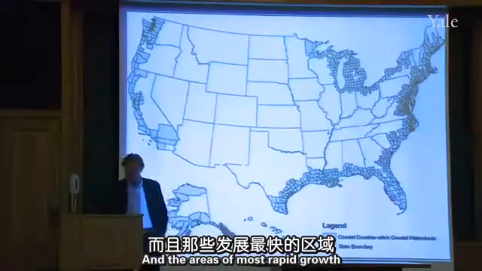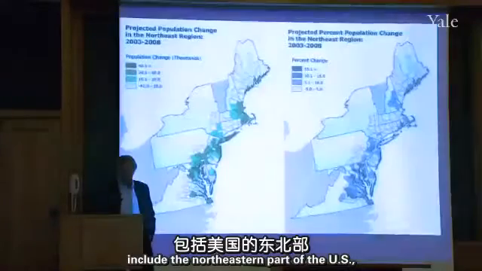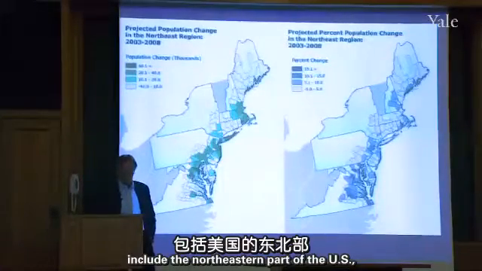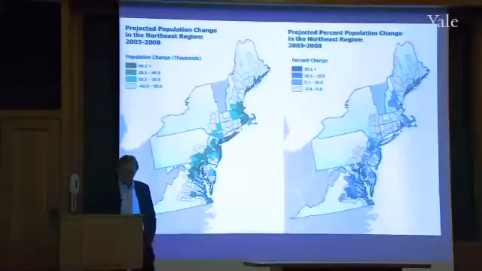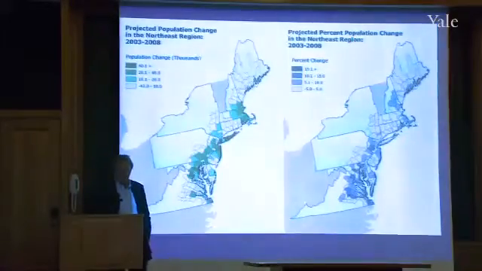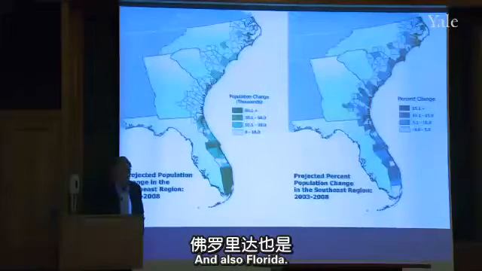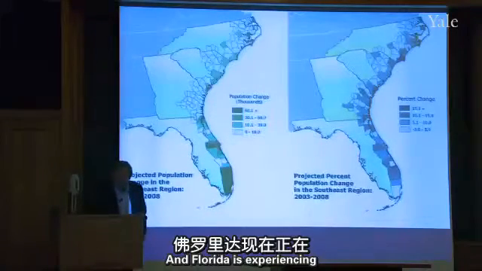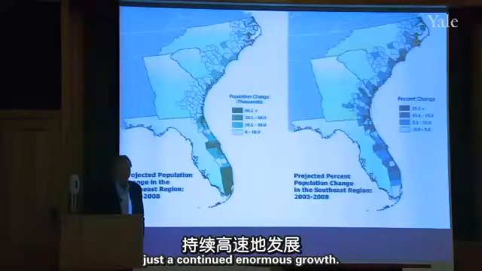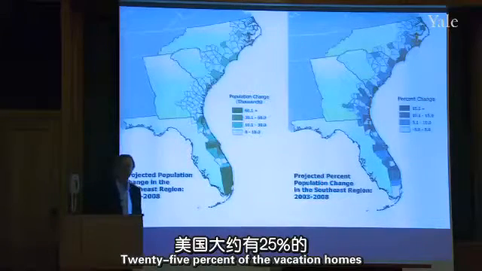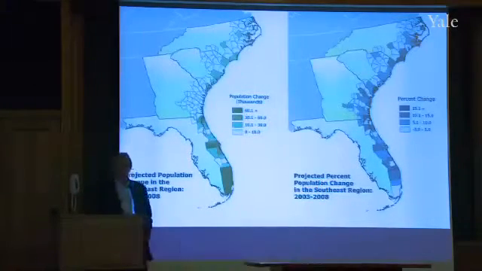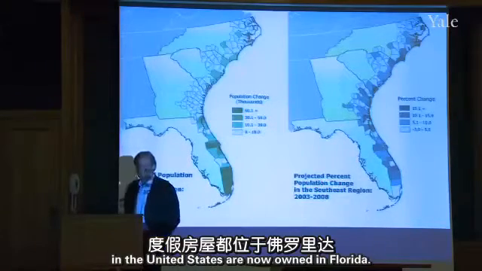And the areas of most rapid growth include the northeastern part of the U.S., particularly southern New Hampshire and Cape Cod, also Long Island, but parts of Maryland, and also Florida. And Florida is experiencing just a continued enormous growth. 25% of the vacation homes in the United States are now owned in Florida.